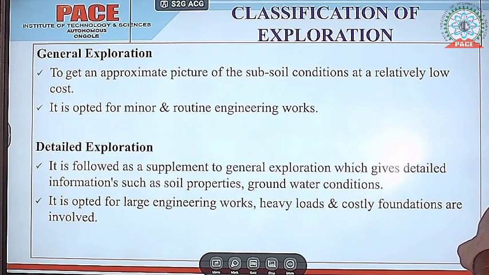Whereas detailed exploration is carried out as a supplement to general exploration, which gives detailed information such as soil properties and groundwater conditions. It is opted for large engineering works where heavy loads and costly foundations are involved, that is, in the construction of reservoirs, dams, highway works, and so on.